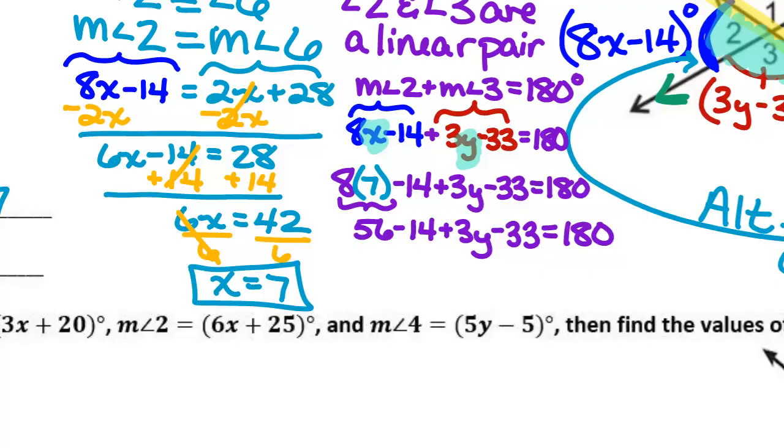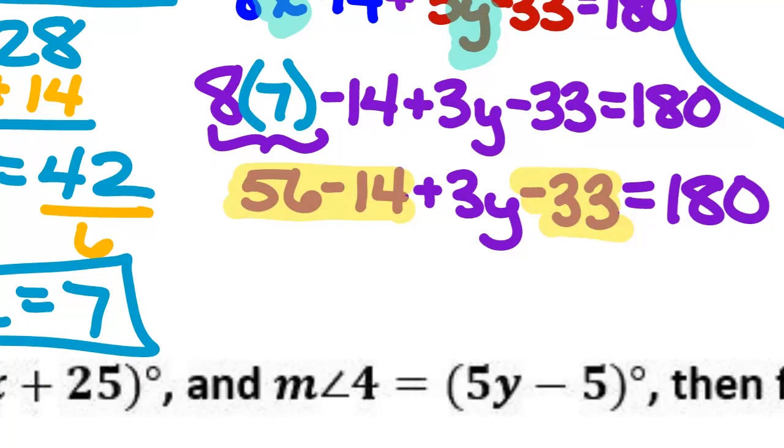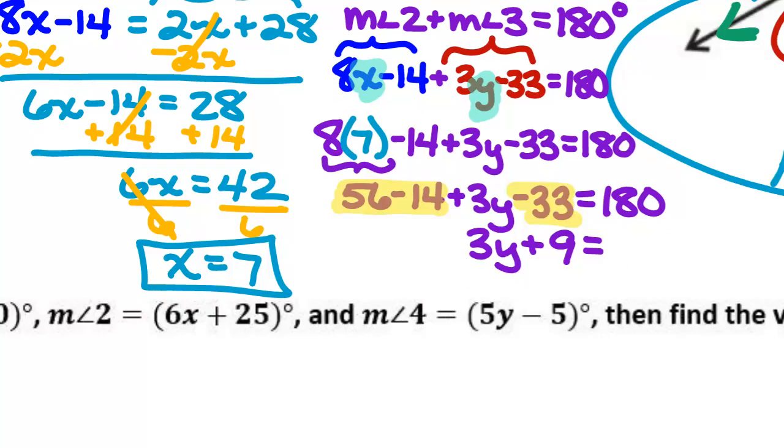And now I need to combine my constants, the things that don't have variables. So 56 minus 14 minus 33. What do I get when I combine all of those together? 9. 3y plus 9 equals 180. Then we subtract 9 from both sides.